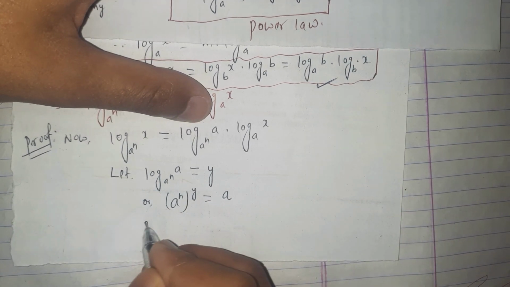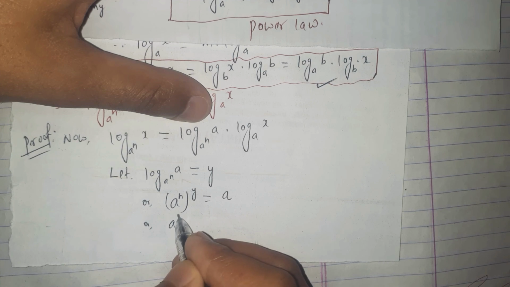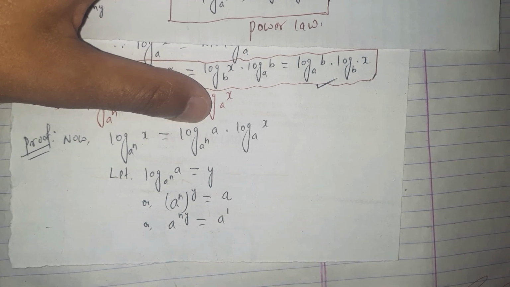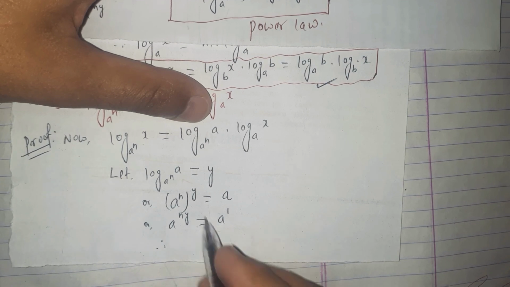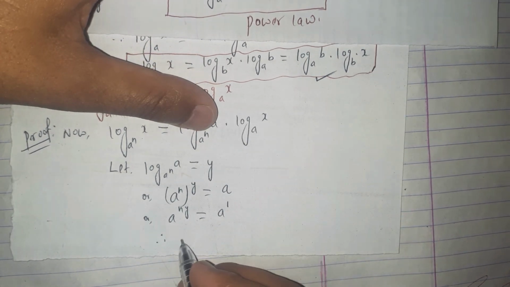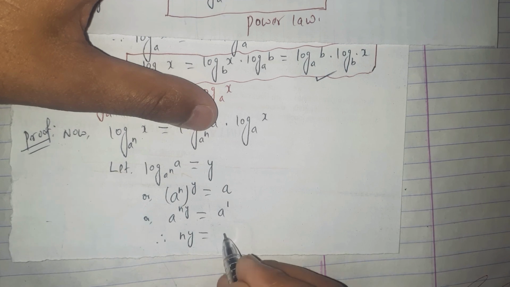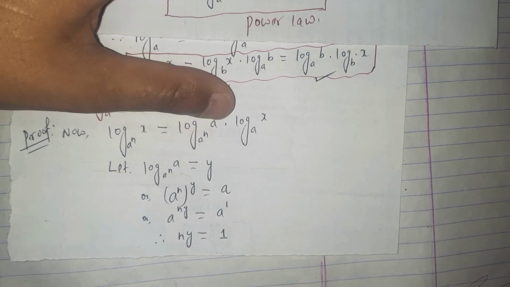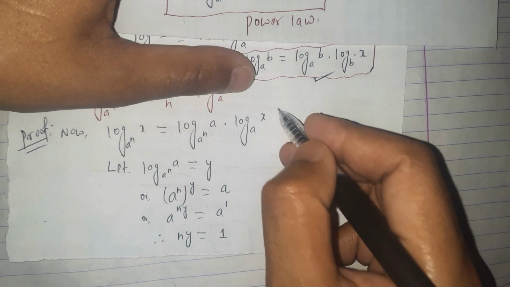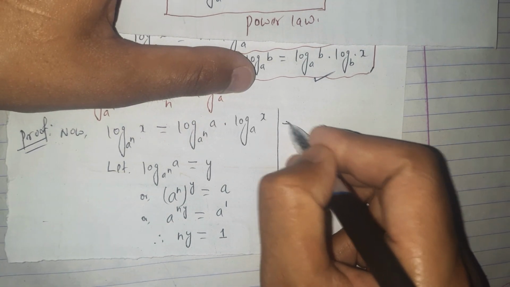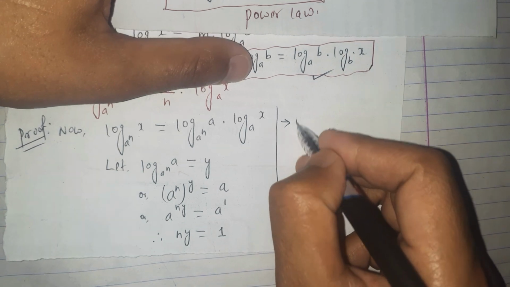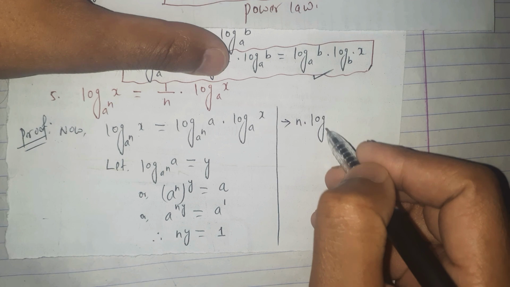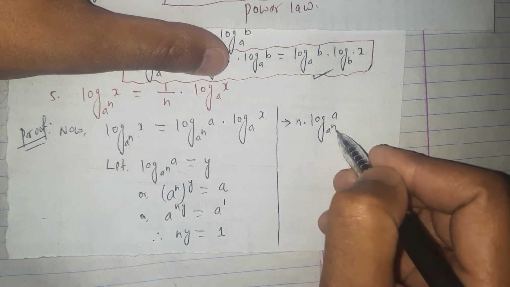Here we interchanged the logarithm form into the exponential form, and this can be written as a raised to the power n times y is equal to a to the power 1. Therefore, by using the concept of indices, the value of n times y is obtained as 1. We can equate the powers of the same base. Here y is the log of a with base a to the power n.